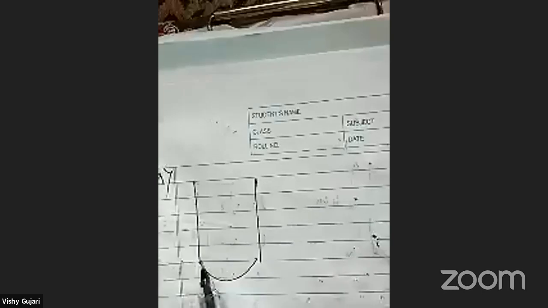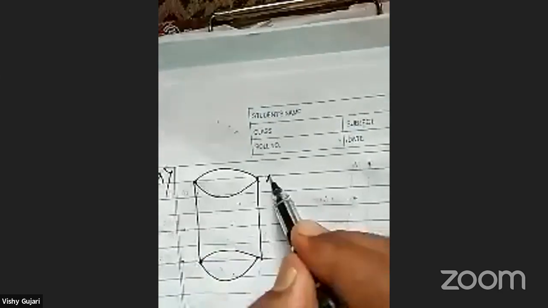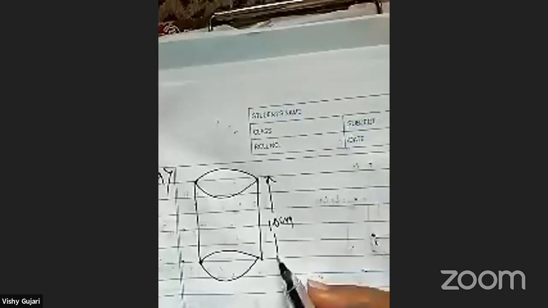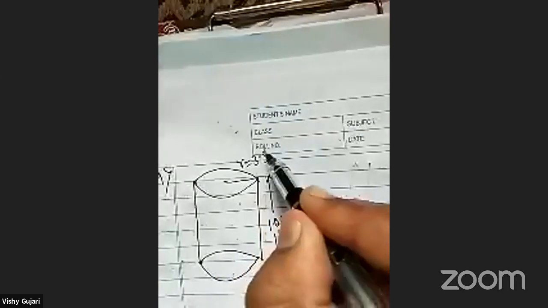This is the diagram we are having. First consider it is a cylinder of height 10 centimeter, radius equal to 3.5 centimeter.